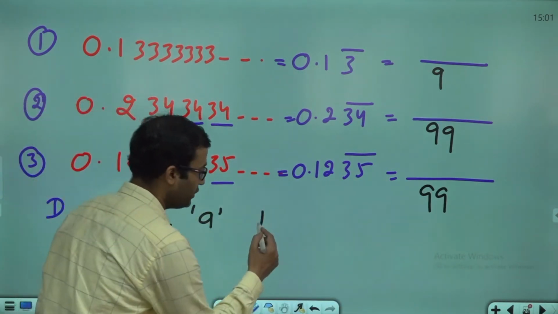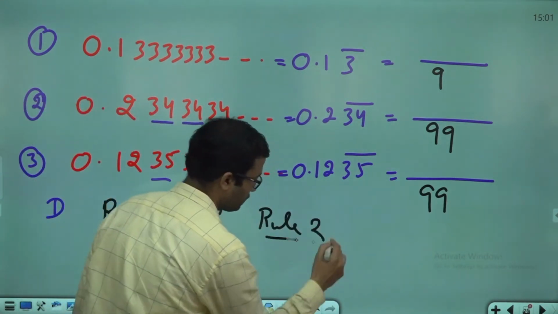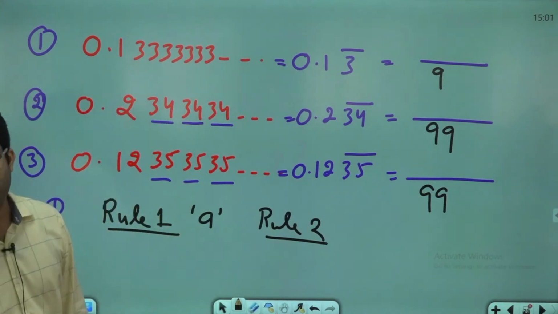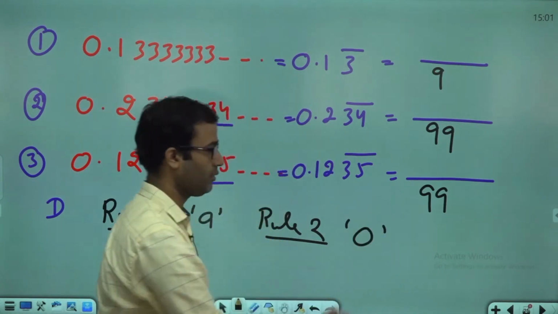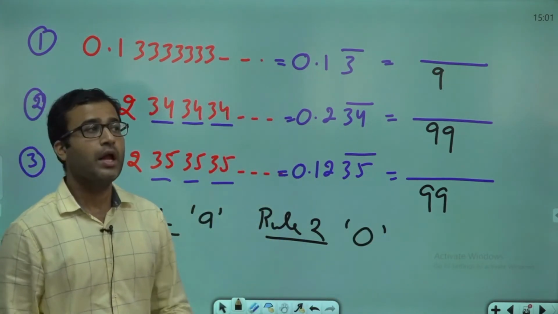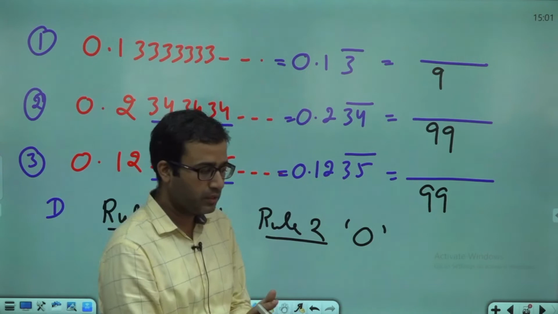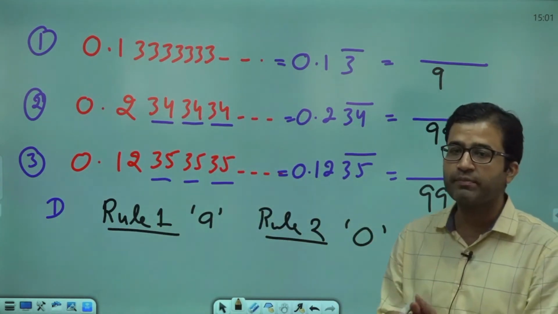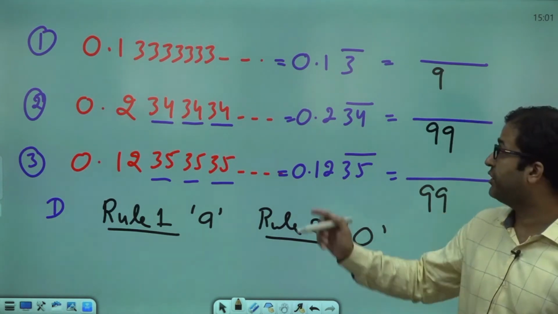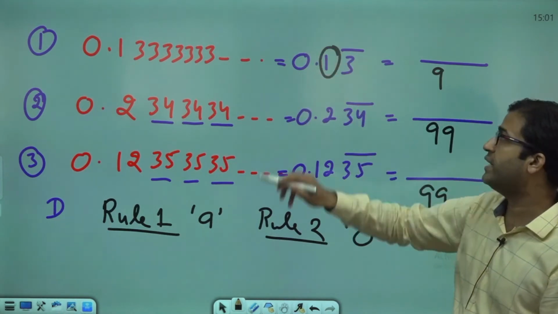Next is rule number 2, here for 0. In our denominator, we will have as many 0s as there are digits between the decimal and the recurring part.